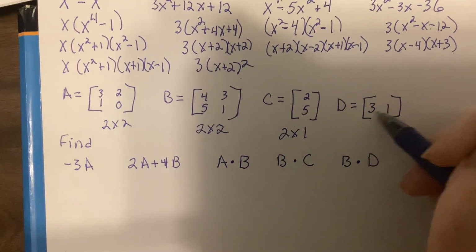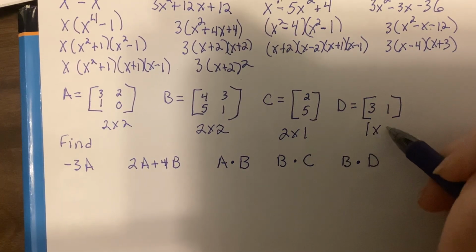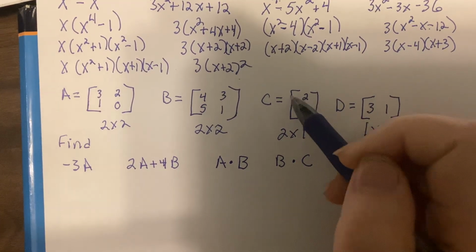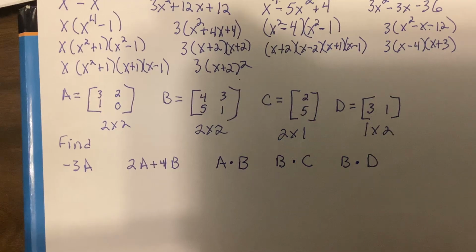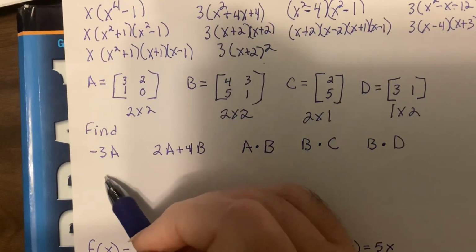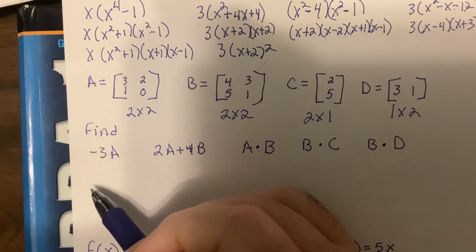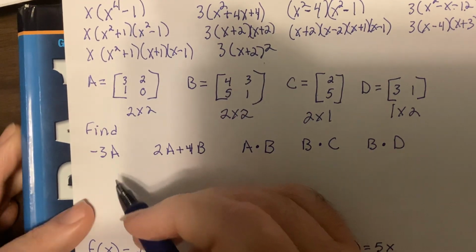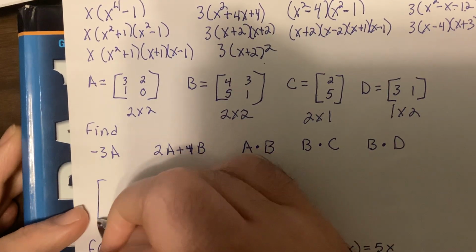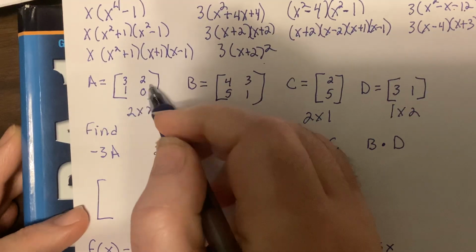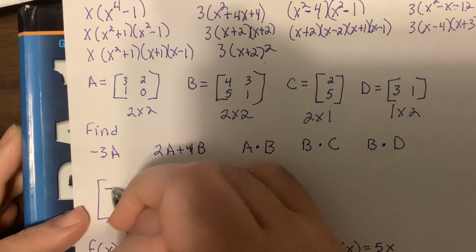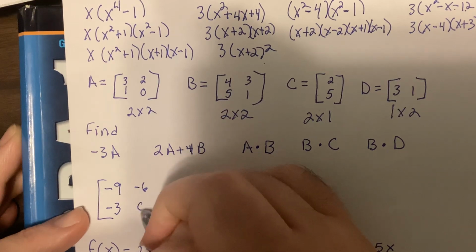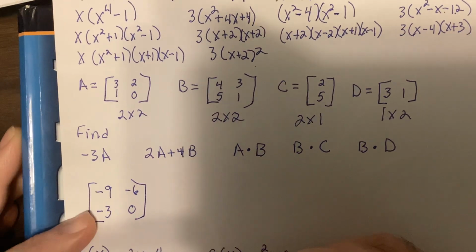And this is a 1 by 2. 1 row, 2 columns. 2 rows, 1 column. So negative 3A, remember negative 3, that's called a scalar. We're multiplying the matrix by a number. So multiply this by negative 3, so it'd be negative 9, negative 3, negative 6, 0.